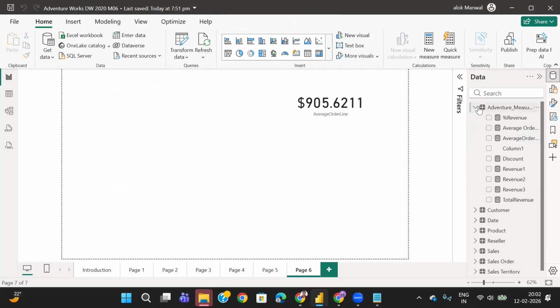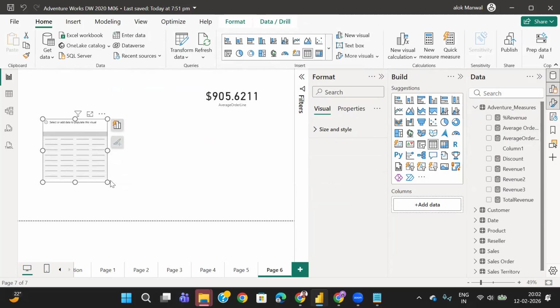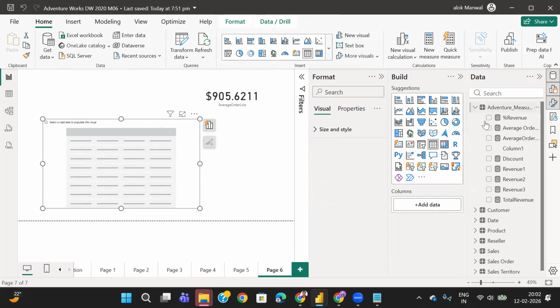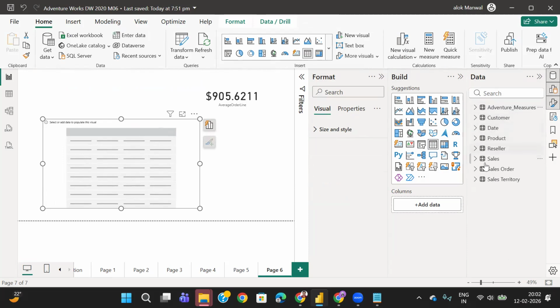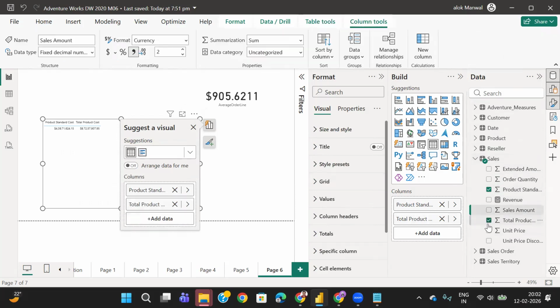Now I'm going to put it in a table with sales amount, unit price, product standard, quantity, sales amount, and total product.